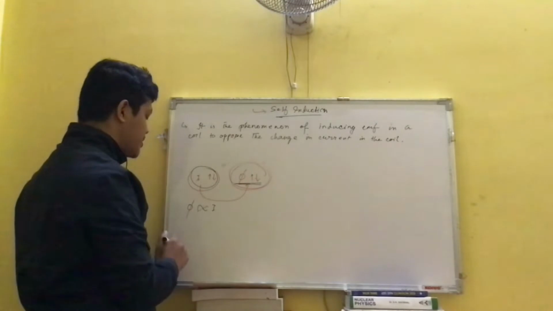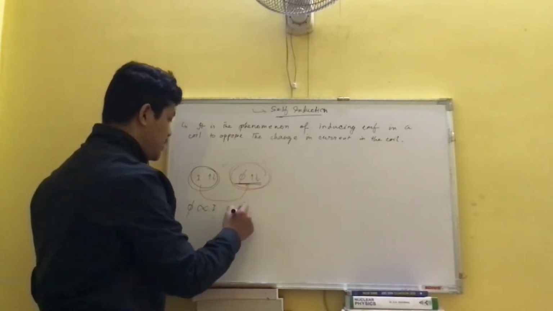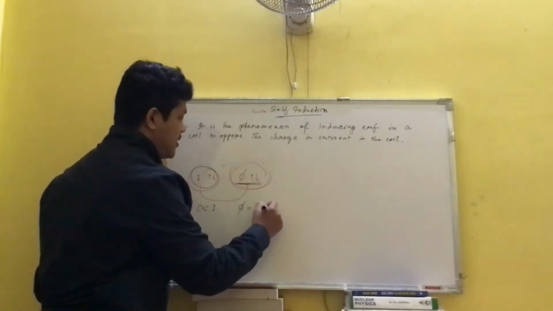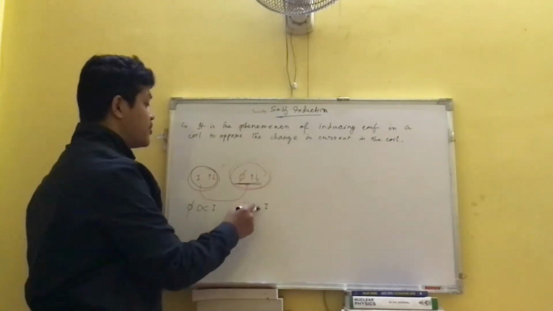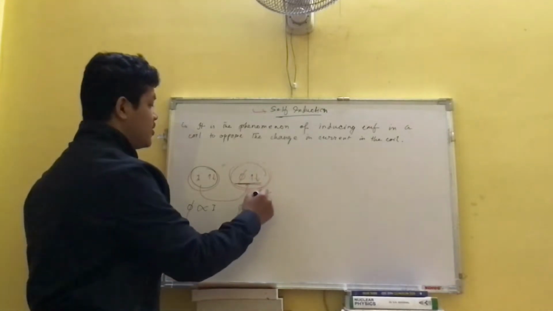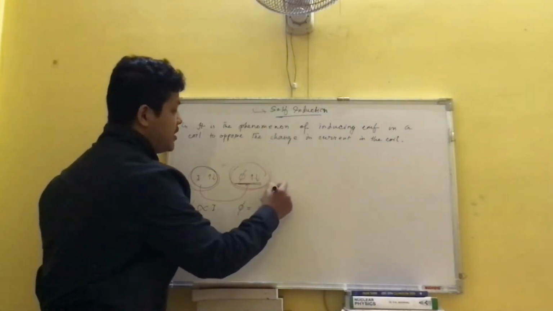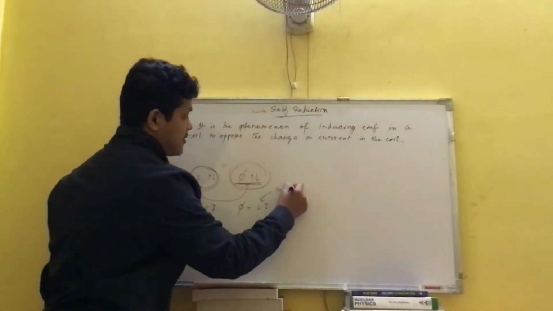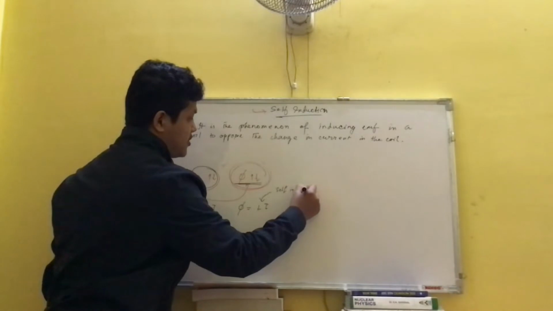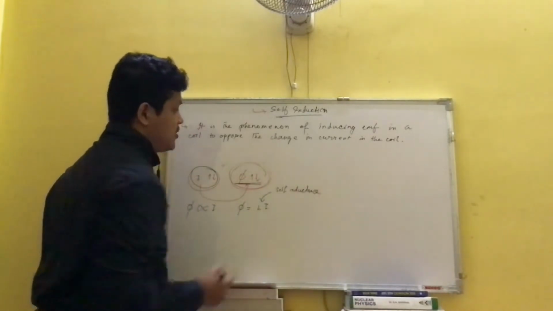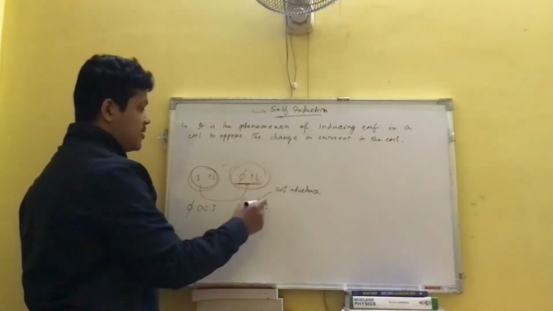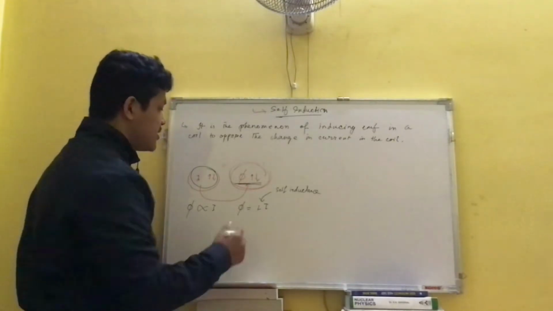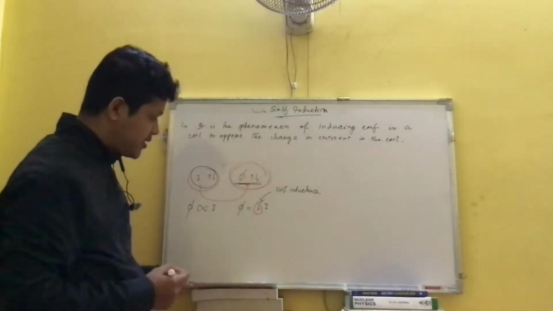If it is directly proportional to I, then we can write that phi is equal to L I, where L is a constant of proportionality, and this is called the coefficient of self-inductance, or simply self-inductance.